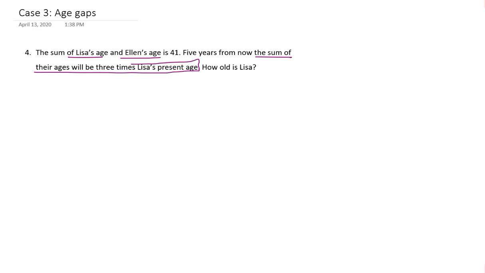So in here we have to take note of two things. We have to take note of the present and we have to take note of the future. And dealing with these two will give us a grasp on how to approach this particular problem.